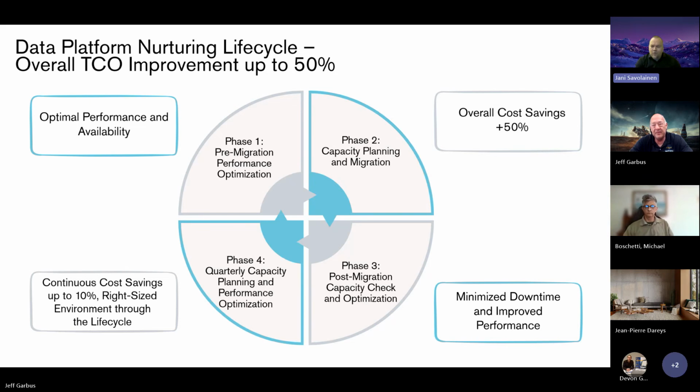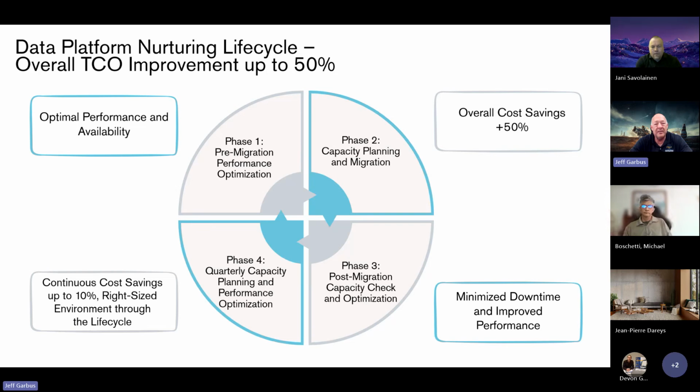So it's a continuum where you see and browse exactly the current situation of your capacity, and then you make performance optimizations, or even change things if needed, if something is being added to the workloads or degraded, so you are able to adjust them to par. And this is the process where you can save something like 10% more on TCO on an annual level.